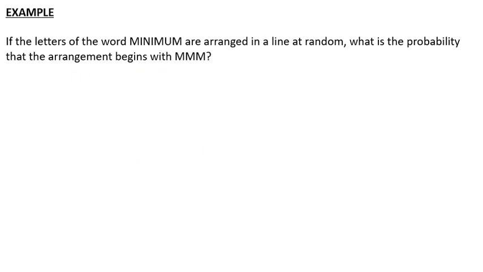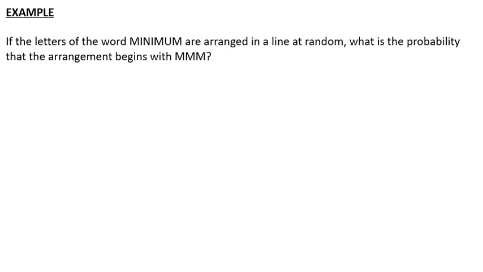Another example: if the letters of the word minimum are arranged in a line at random, what is the probability that the arrangement begins with MMM? So here now we're tying in probability with our counting. We did probability already, so we should be able to tackle this question.